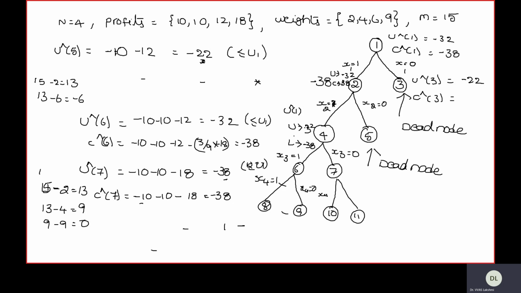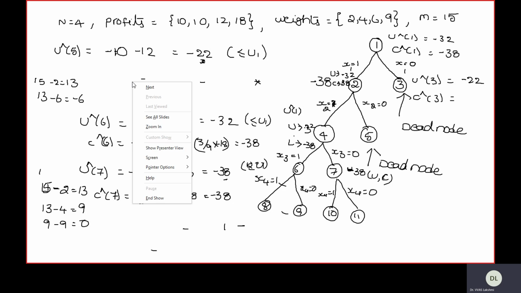While calculating this one, x4 is equal to 1, x4 is equal to 0. So the upper bound of 7 is equal to minus 38. Both upper bound and lower bound become minus 38 here. So next we will check which node is going to be expanded here.